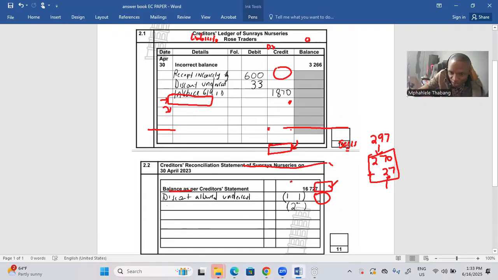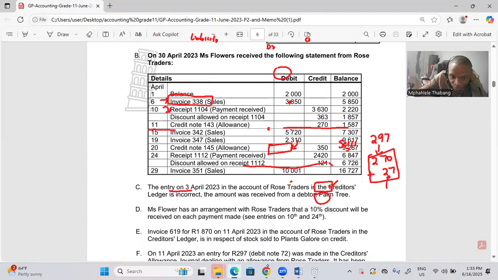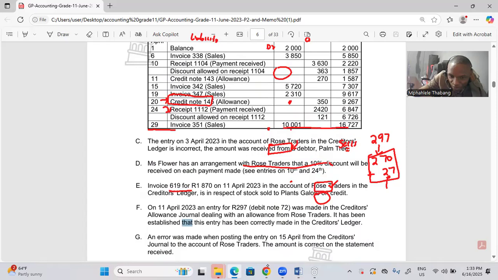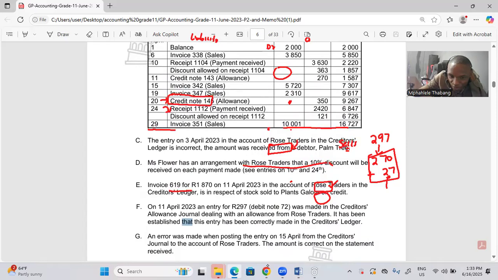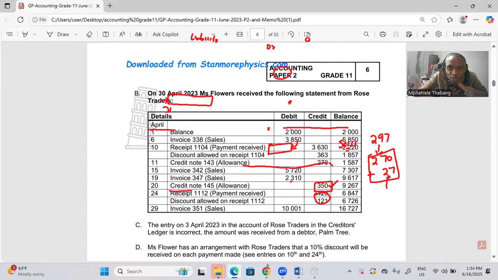Yes, it's 27. And what is it for? Let me check. It was F, on the 11th in this statement.